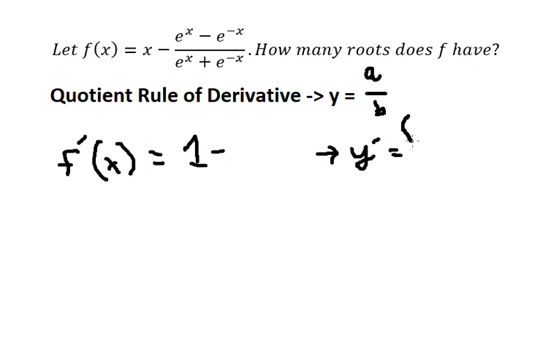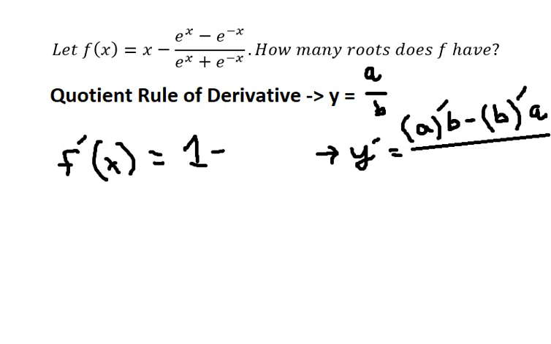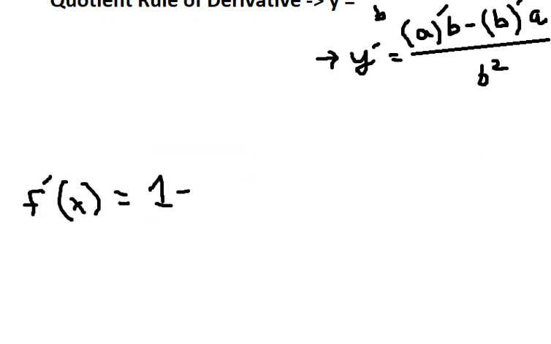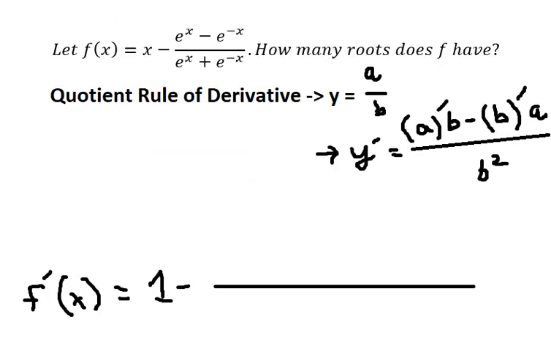So we need to do the first derivative of 8 multiplied by b, minus we do the first derivative of b multiplied by 8, over b squared. And now we can apply the formula in here. So that should be like this.